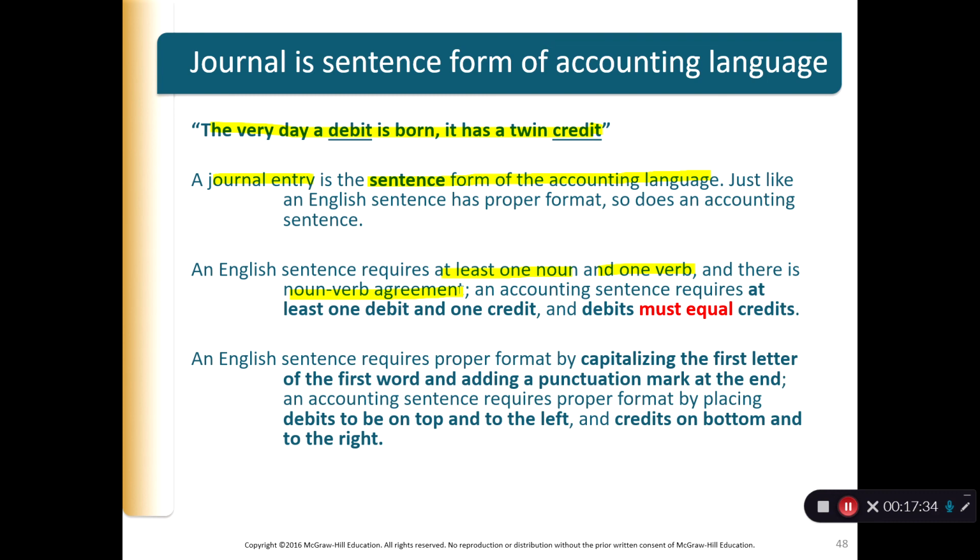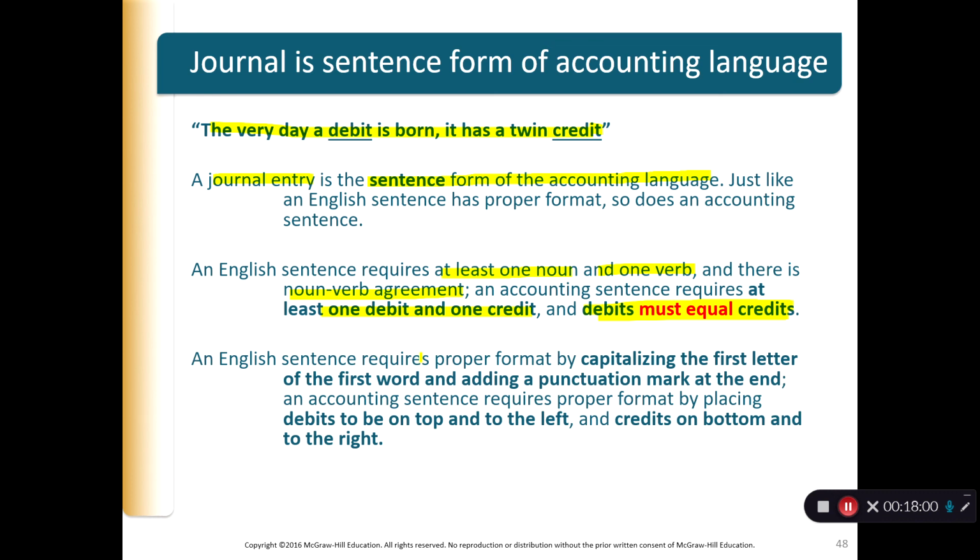One apple has to use is. It's the same kind of combination. So an accounting sentence requires at least one debit and one credit, just like an English sentence needs one noun and one verb. And the debits and the credits must be equal. In every journal entry, the debit side and the credit side have to equal each other.